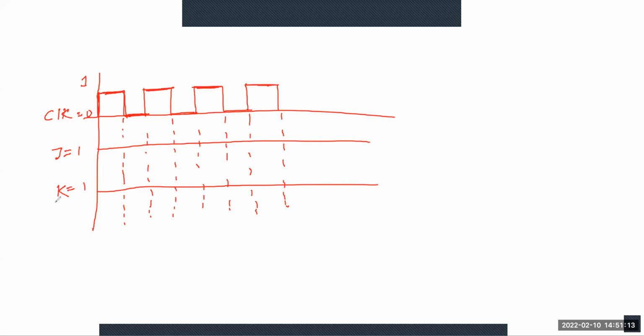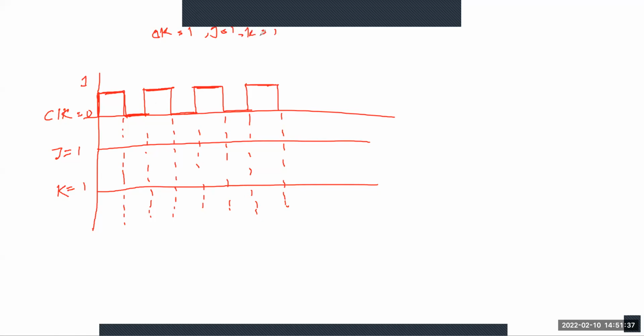Now if we see this pulse with my clock pulse, so here we can see that for this race around condition, the clock is 1, J equals 1 and K equals 1.